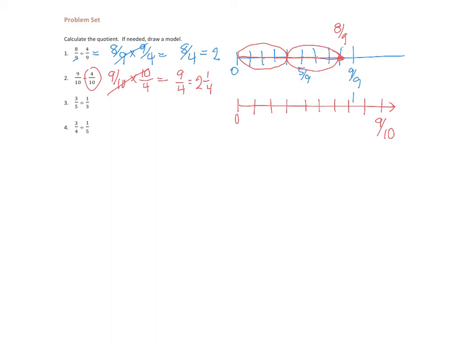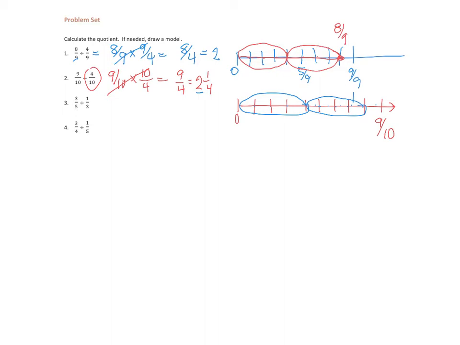And I'm dividing by 4 tenths. So I'll go in with a different color. 1, 2, 3, 4. There's 4 tenths. 1, 2, 3, 4. There's 4 tenths. So there's my 2. And I have 1 of the groups of 4 left over. Okay, so that one works out well.